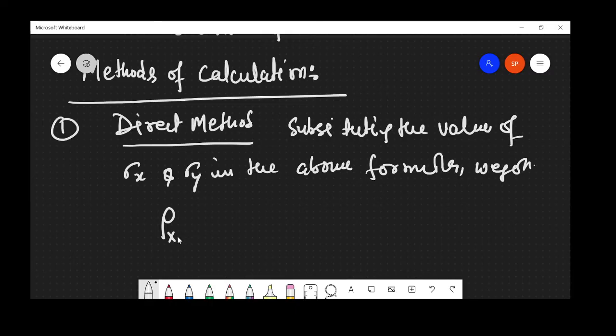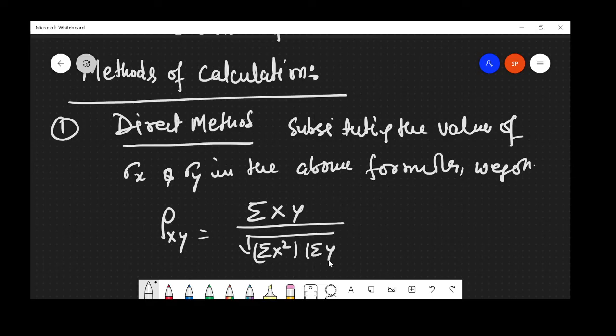We get rho xy is equal to summation of xy divided by under root of summation of x square into summation of y square.